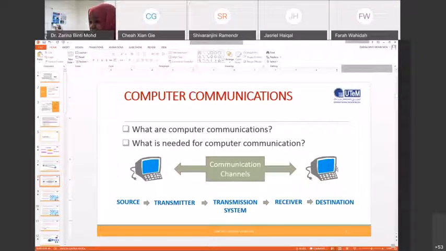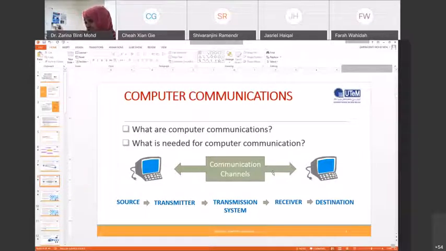How about the transmitter? In computer communication, the transmitter and receiver are modems. Why do we say that? Because a modem converts the data from the source devices into a form that can be transmitted through the communication channels.